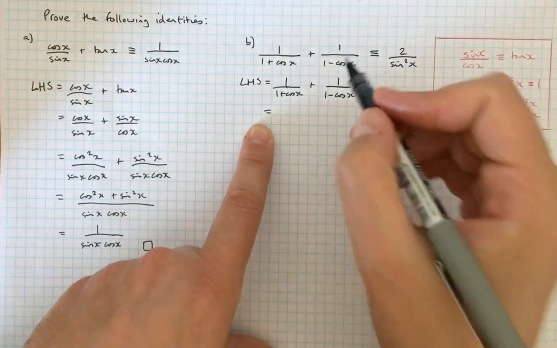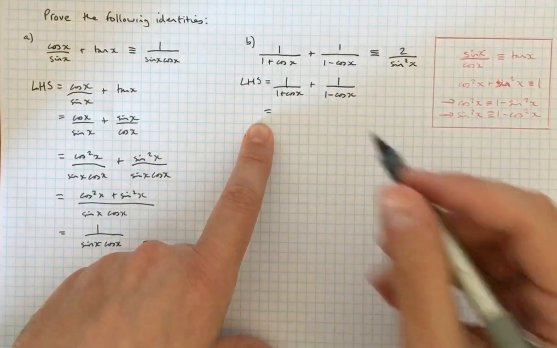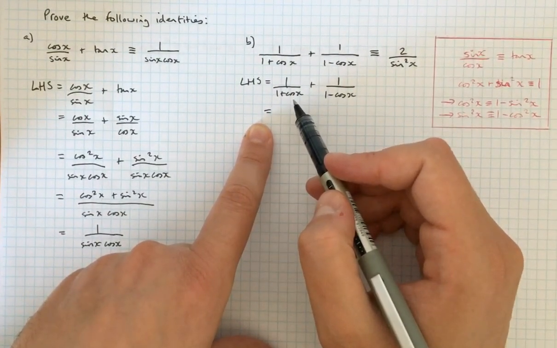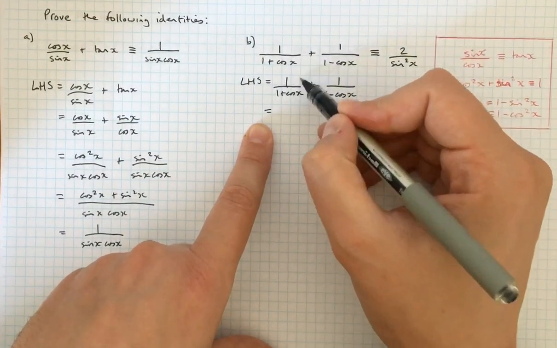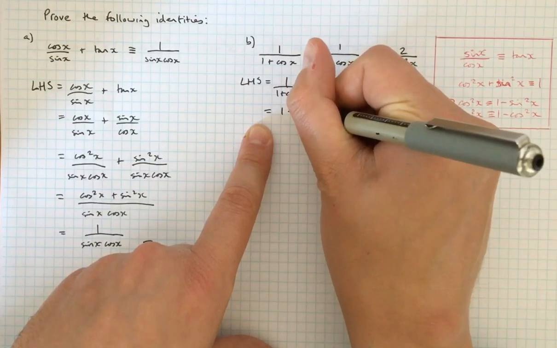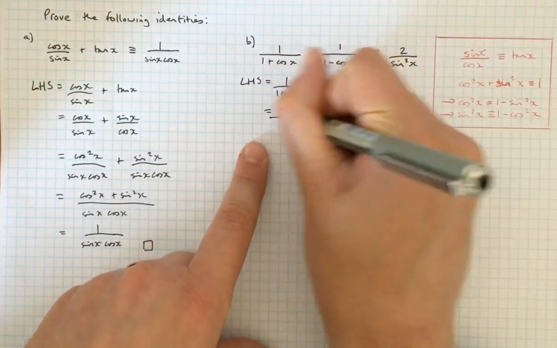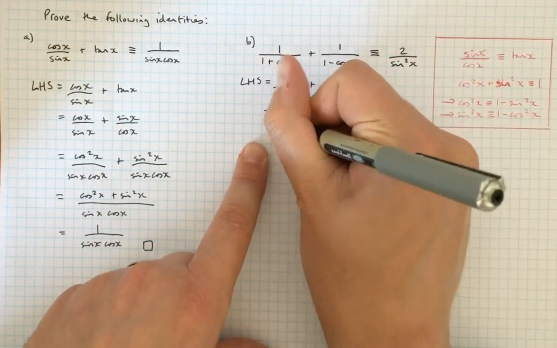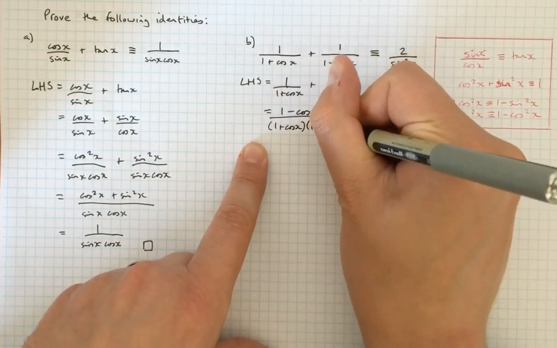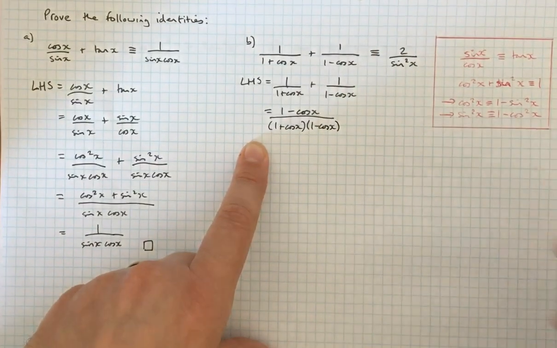So as before, I'm going to do that by giving them a common denominator. This time our common denominator will be 1 plus cos x, 1 minus cos x. So I'm going to have to multiply numerator and denominator here by 1 minus cos x. So the first fraction will become this.